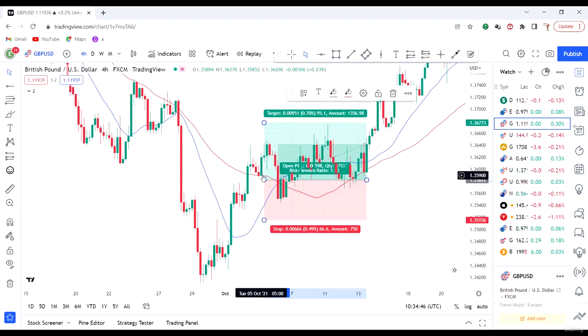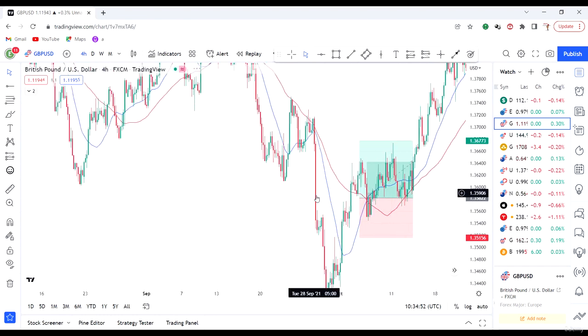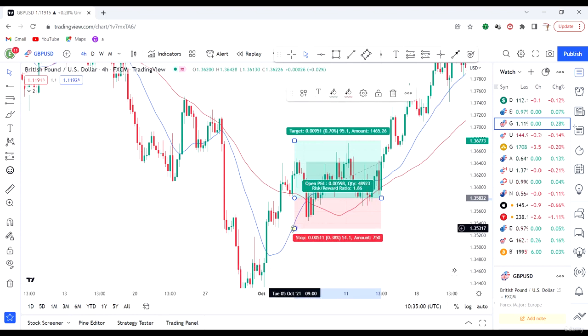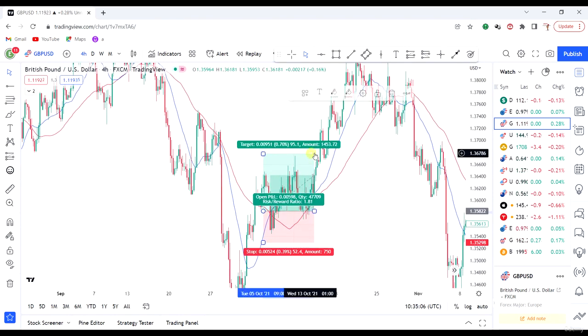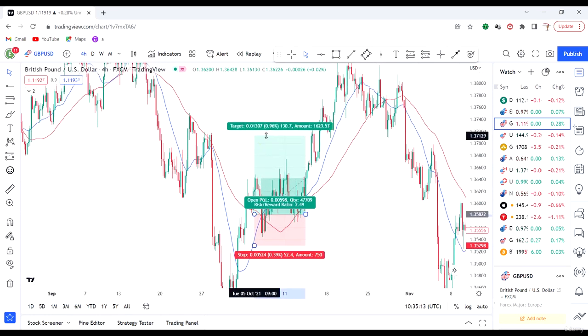So you can just enter a buy trade here based on this moving average cross strategy, and then you could have your stop loss at this point that's below this level here. Then you could have your take profits like 2 times or 2.5 times or even 3 times your stop loss.